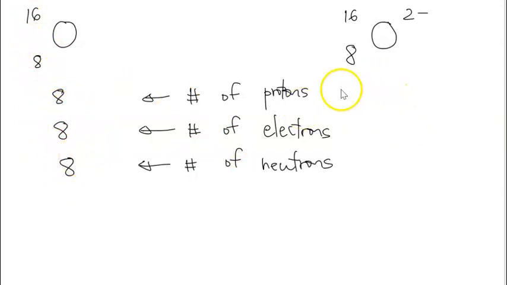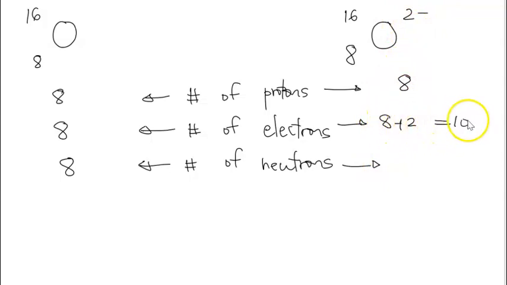In our ion, remember, for the ion, the only thing that's changing is our number of electrons. Atomic number 8. Our electrons, in our neutral atom, we had 8. In our ion, when we have a negatively charged ion, it's telling us that we have gained electrons, 8 plus 2, so that is 10 electrons.